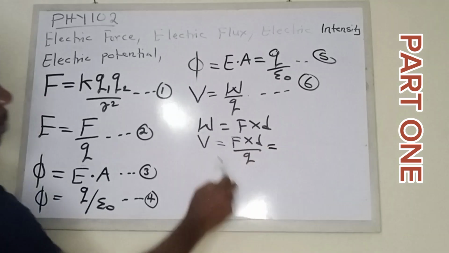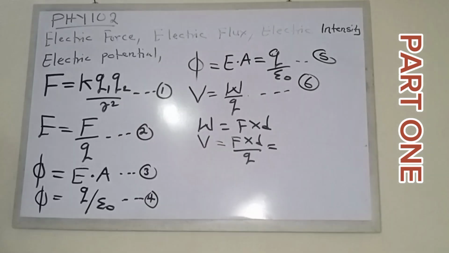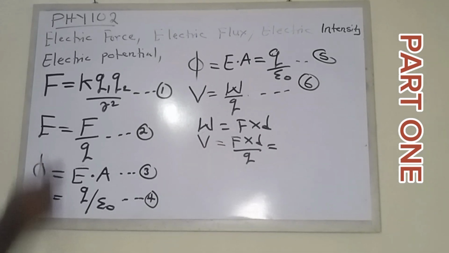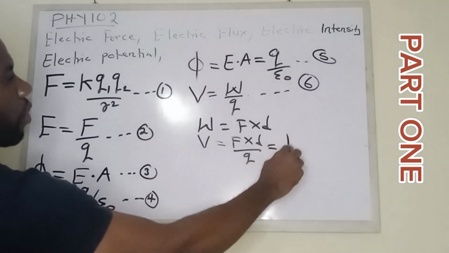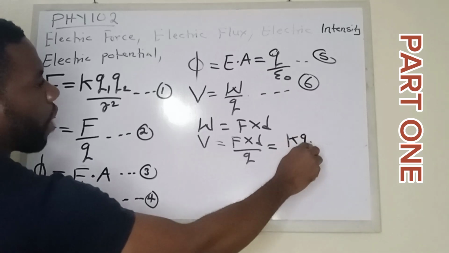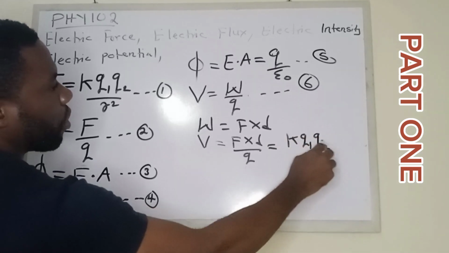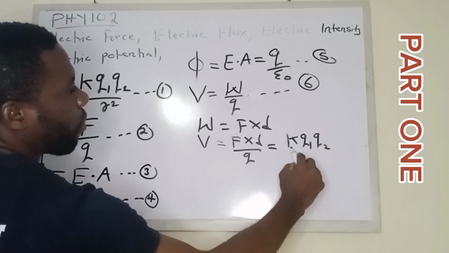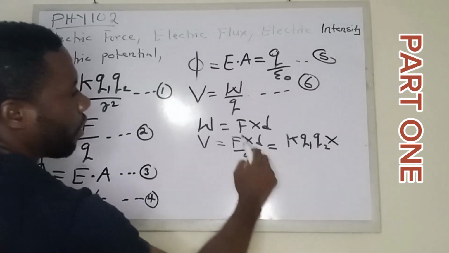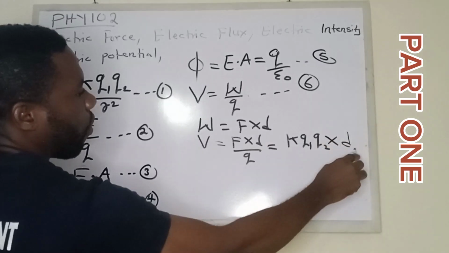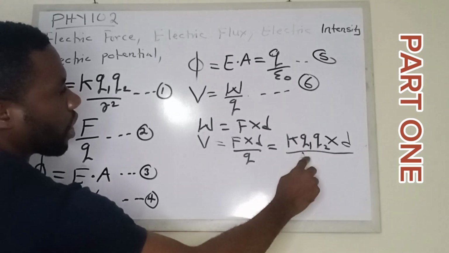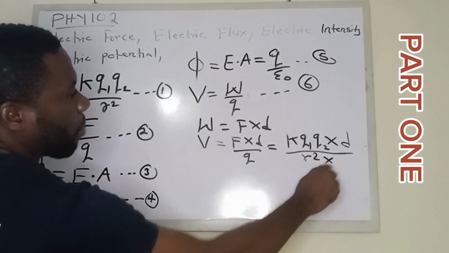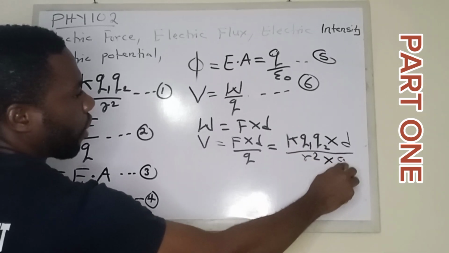And we remember that our F, force of attraction or repulsion, from equation 1, is equal to K Q1 Q2 over R squared, multiplied by the distance D over our Q.